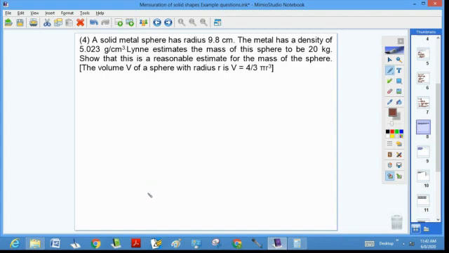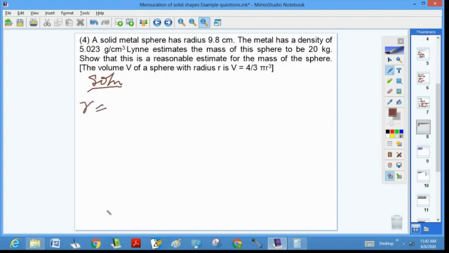So we are asked to show that that is a reasonable estimate. That means we have to find the volume. After finding the volume, we go ahead and find the mass. We are talking of a sphere here, and we are given the parameters of the sphere. The radius is given, that's the major parameter of a sphere.